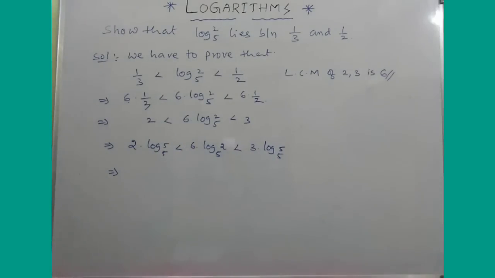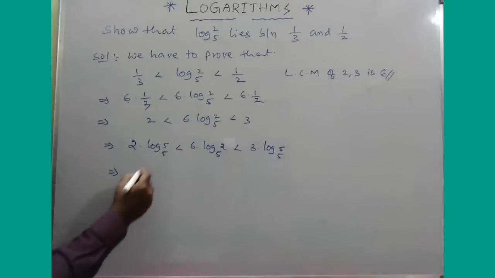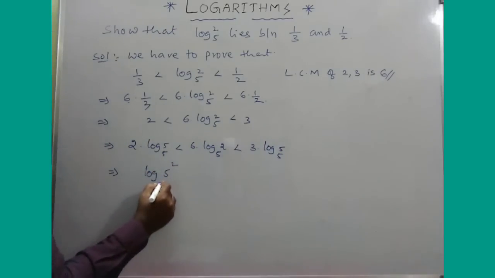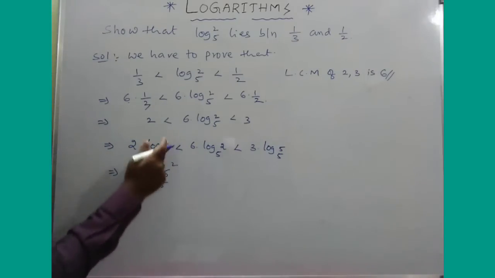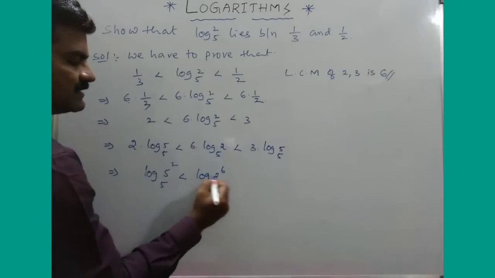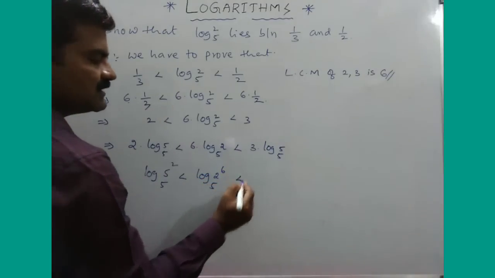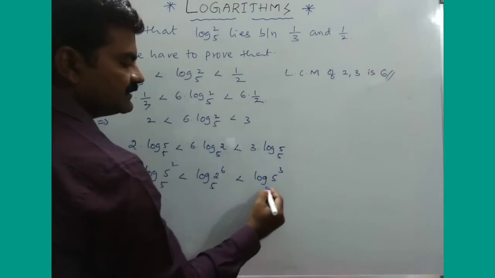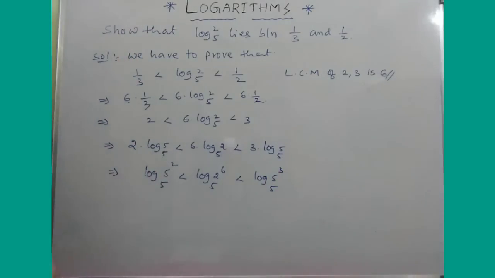Okay, so coming to the next step, this 2 can I write as a power of 5 in this manner, isn't it? Less than, and similarly this is 2 to the power of 6 to the base 5, is less than log of 5 to the power of 3 to the base 5.